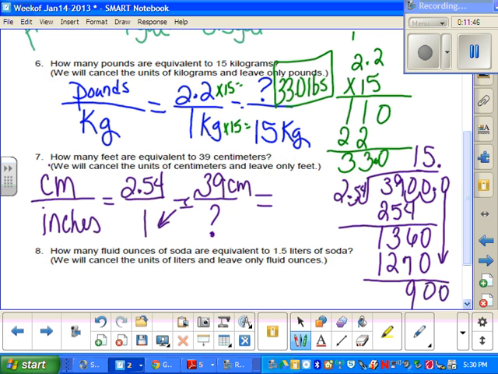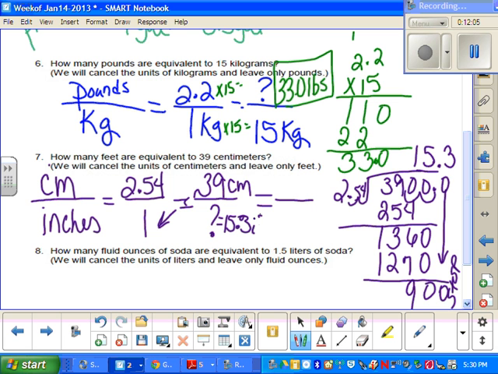And we're going to do a 3, 762. We're going to stop there. So we know it's about 15.3. Okay? So we know that 39 centimeters is about 15.3 inches.